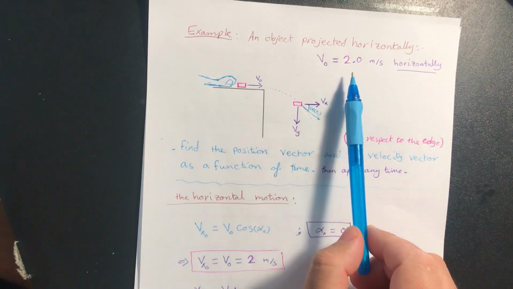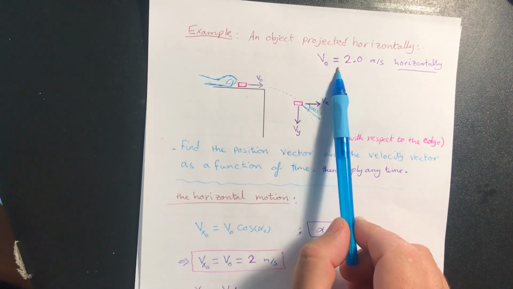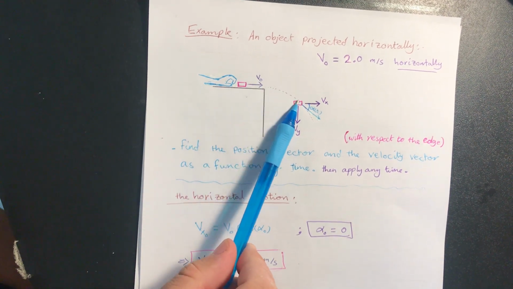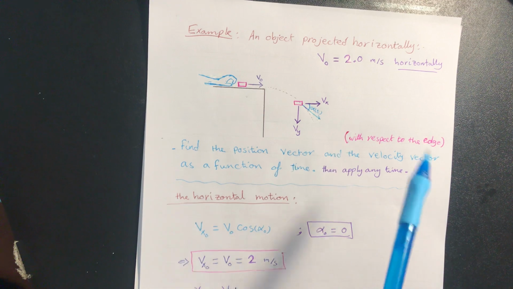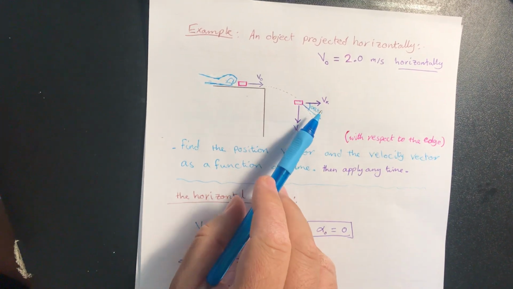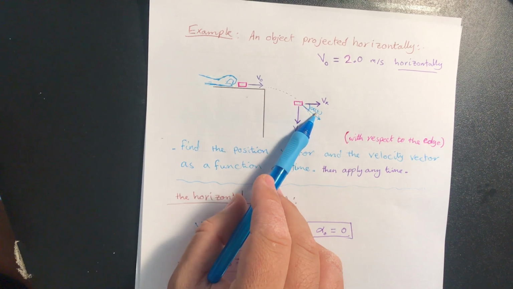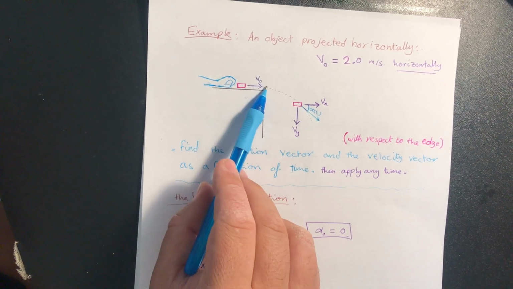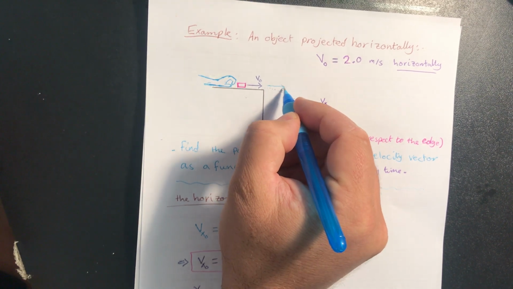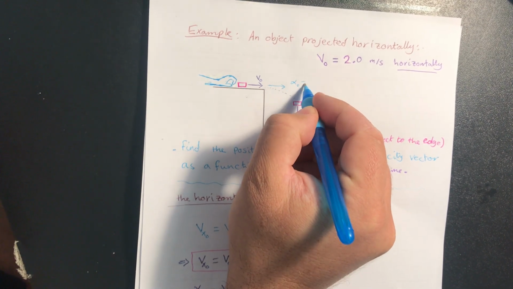If the magnitude of that velocity initially was 2 meters per second, the body will have its velocity at an angle from the x component, alpha of t, which will change, but initially it is 0. Alpha naught is equal to 0.